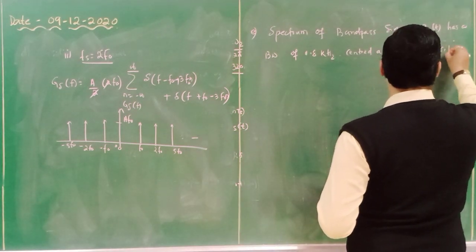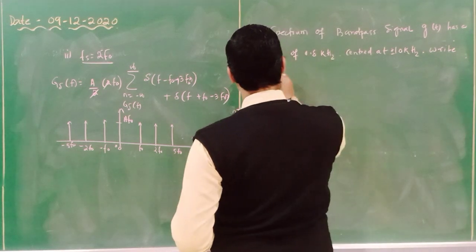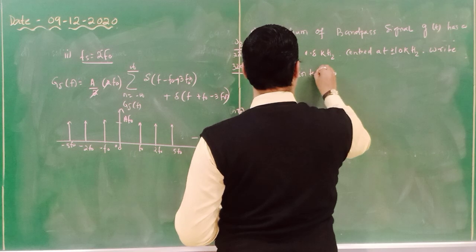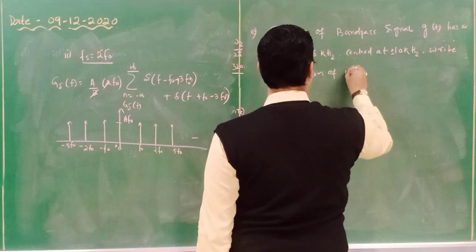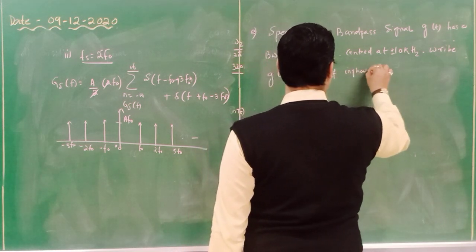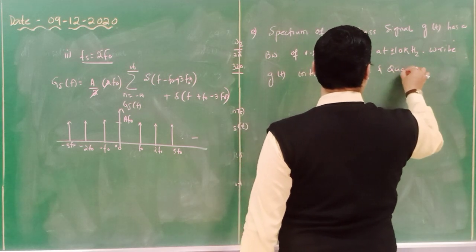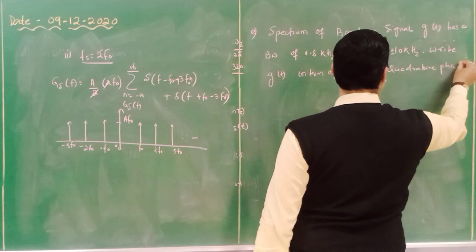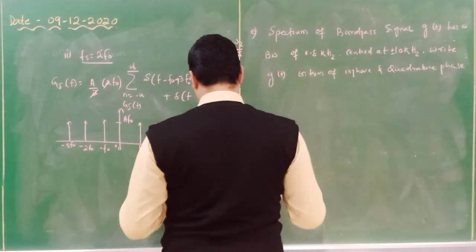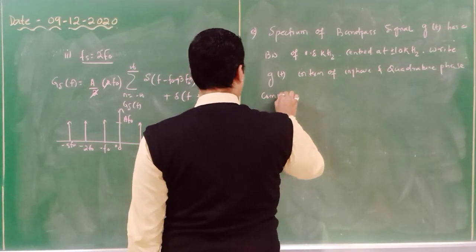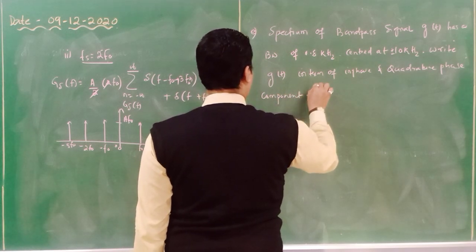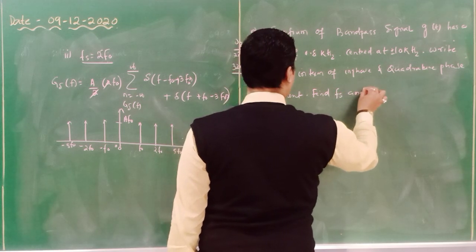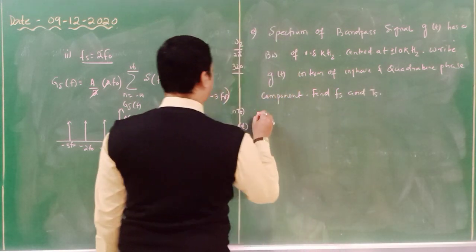Write G of t in terms of in phase and quadrature phase component, and you have to find Fs and Ts. It is a very simple one.